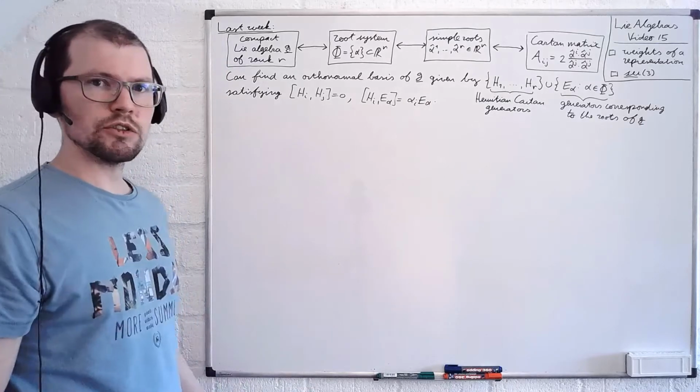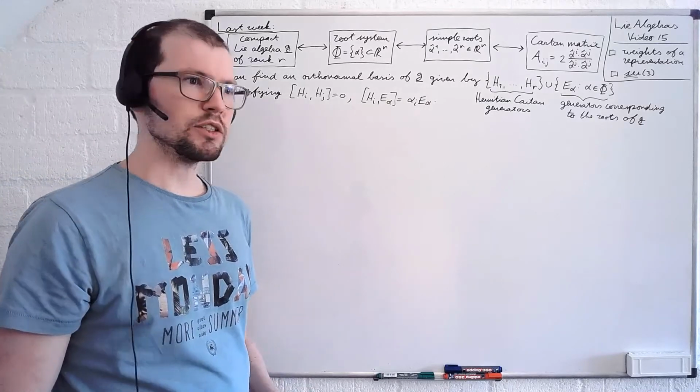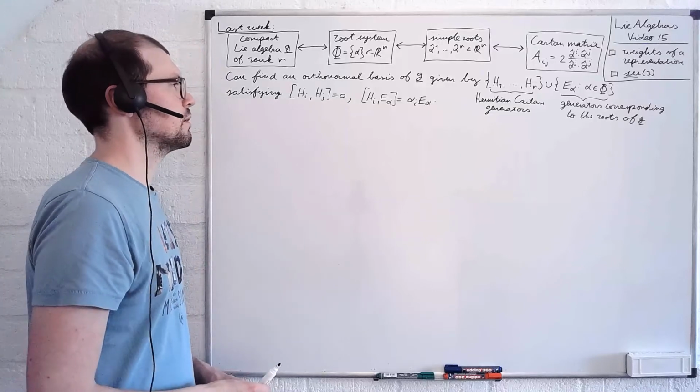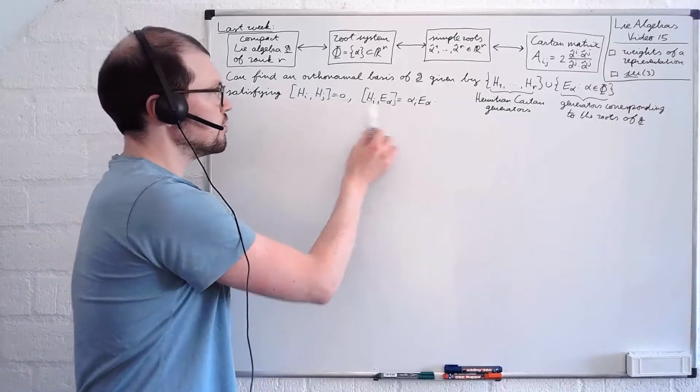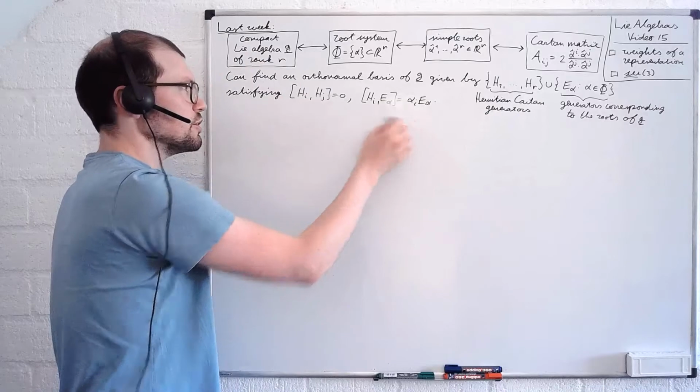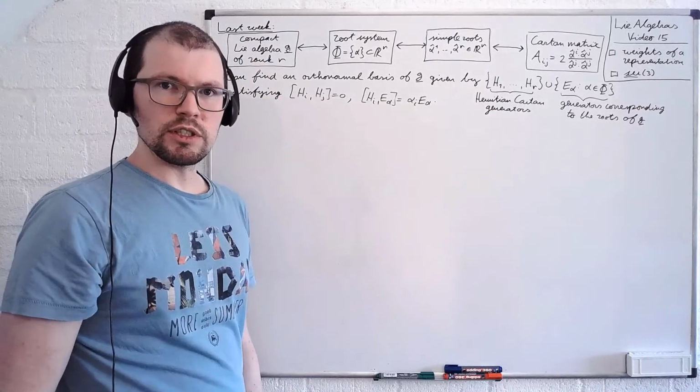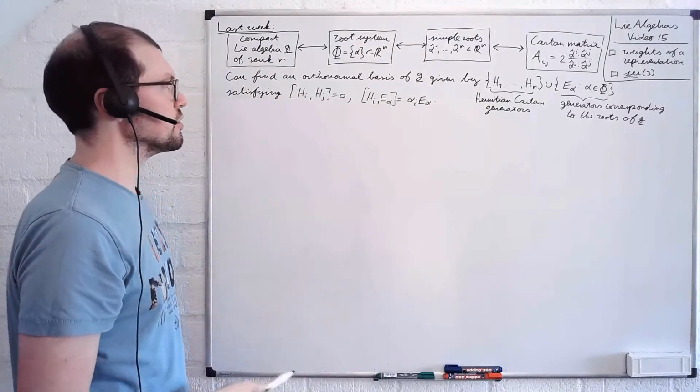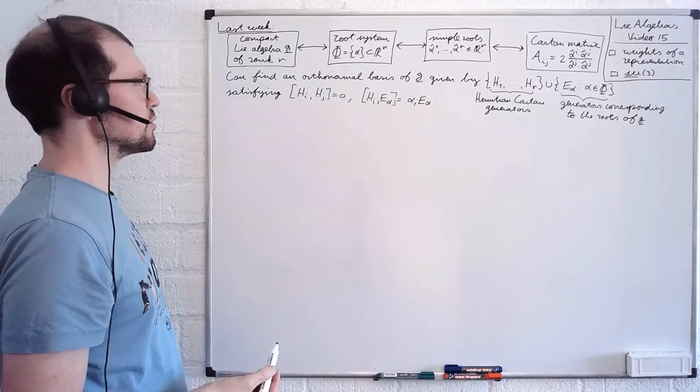But now we want to focus on more general representations, not just the adjoint one. So for this choice of basis, these commutation relations will hold in any representation, by the definition of being a representation of a Lie algebra.